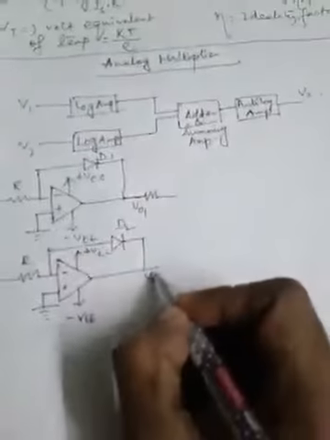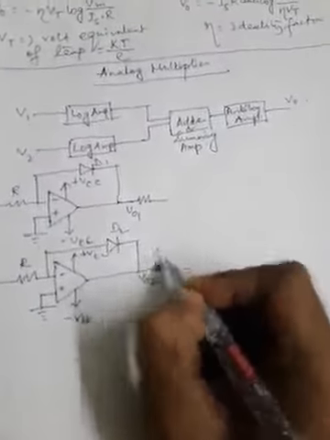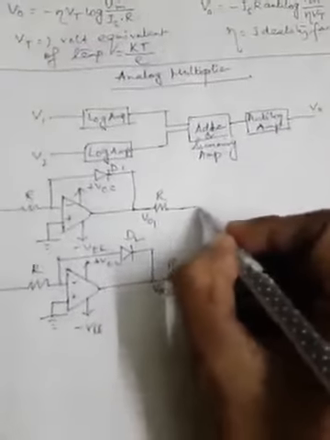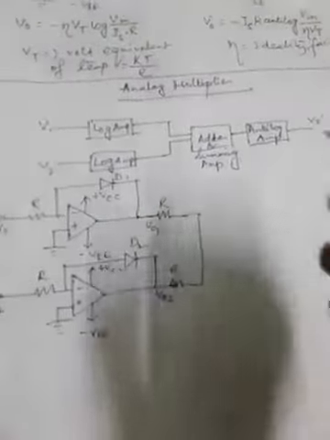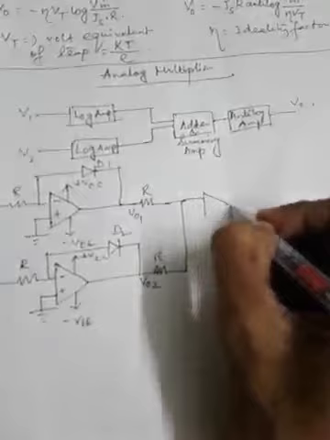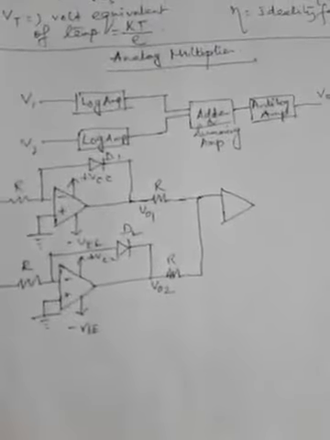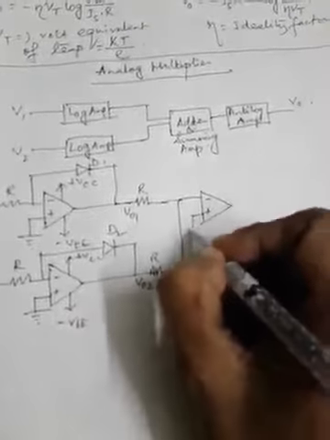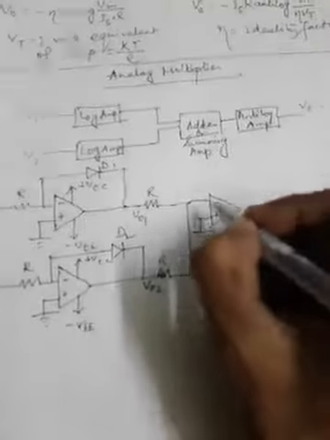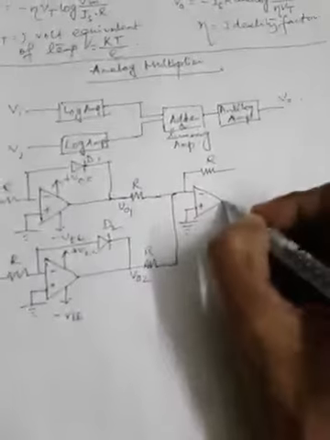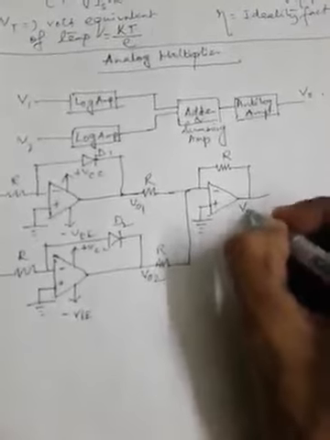Then two resistances of the same value, R and R, are connected internally to be applied at the inverting input of the op amp, which is working as an adder or summing amplifier, and its non-inverting input is grounded. Once again, the feedback element is a resistance R, and the output of this adder is denoted by VO3.